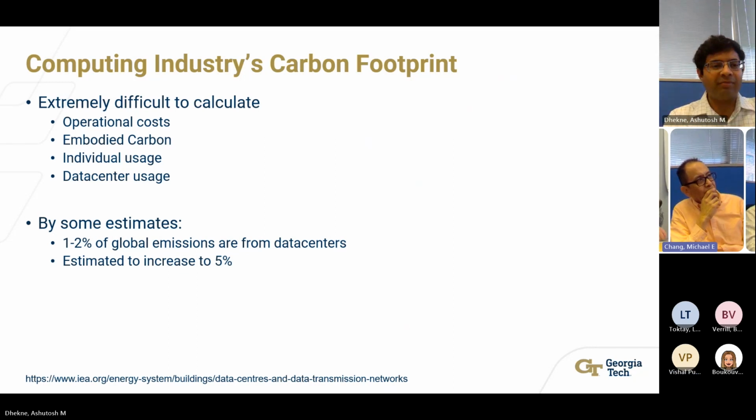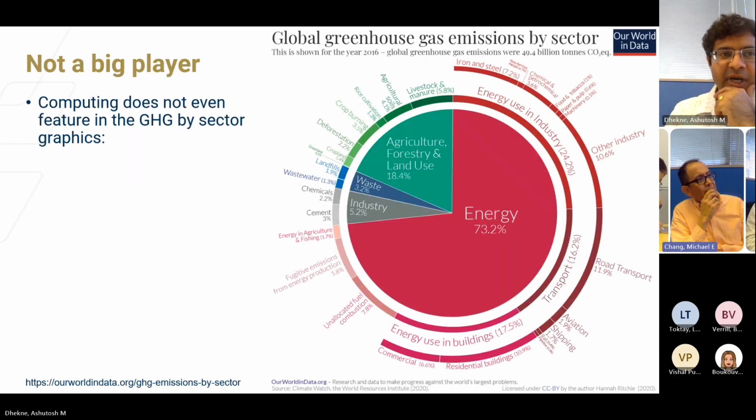I took the lower and slightly middle ground here. It's estimated to increase to about 5% in the next 20 to 30 years based on how we do the decarbonization. I will talk about that relationship in a little bit.